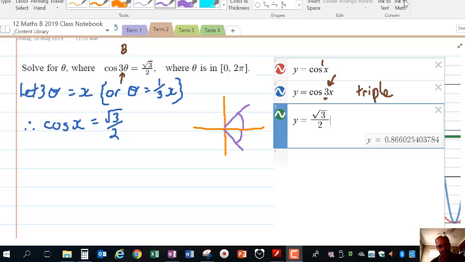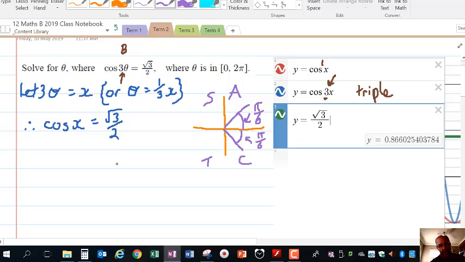We know that it is an exact value, and so therefore the acute angle we're talking about is pi on 6 from our table of exact values that we should know very, very well. We know how the unit circle works by now. So cos is positive in quadrants 1 and 4 in this case.